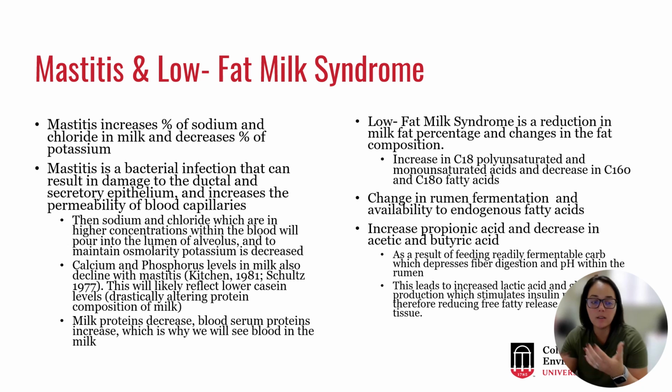Again, the sodium and chloride in much higher concentrations in the bloodstream are able to enter the lumen in cases of mastitis because the epithelial cells are being damaged, and then osmolarity is off, so potassium goes down, trying to help maintain that osmolarity. Calcium and phosphorus levels in milk also decline with mastitis, and this likely reflects lower casein levels, which will drastically alter the protein composition of milk.